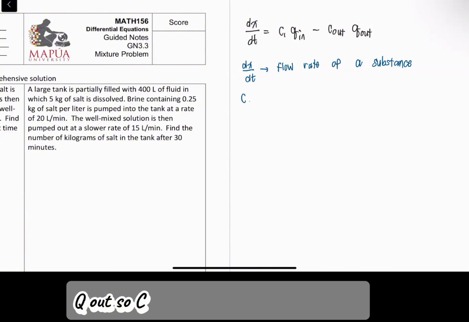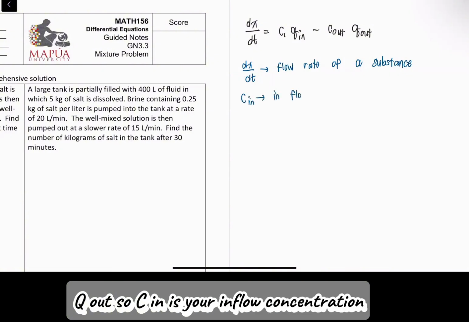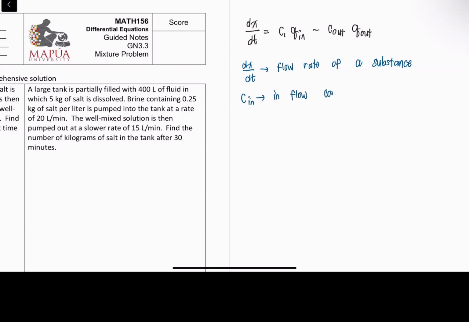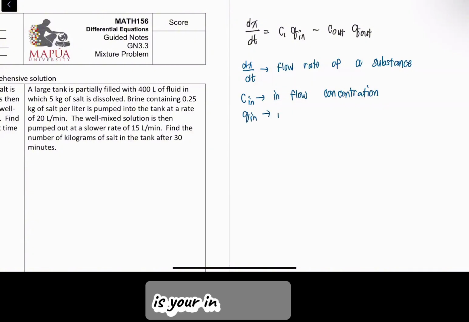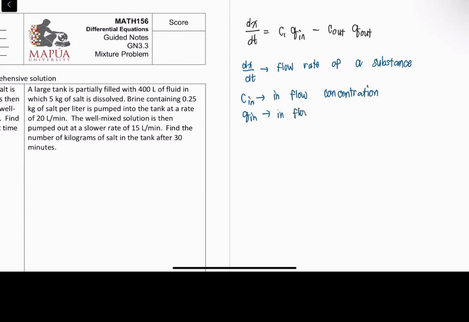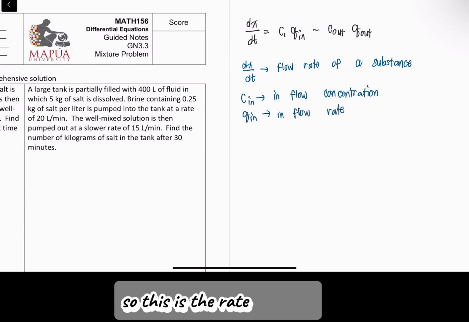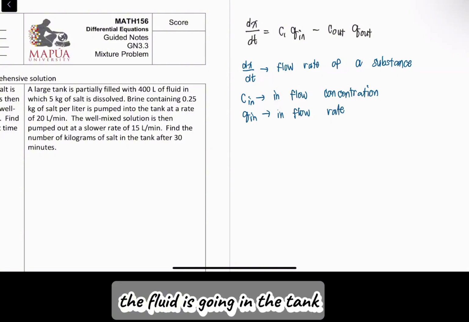So C in is your inflow concentration. Q in is your inflow rate. So this is the rate at which the fluid is going in the tank.